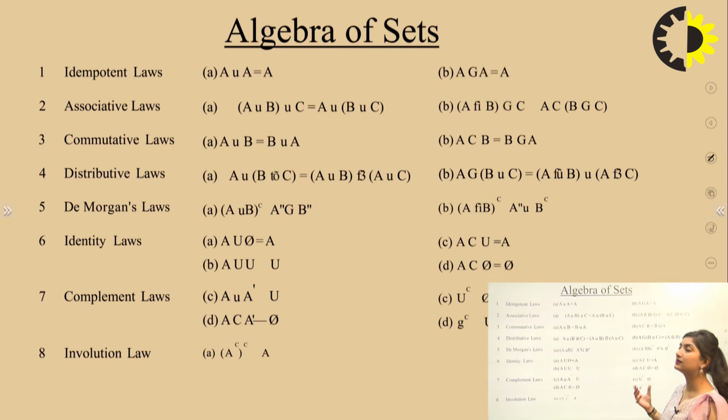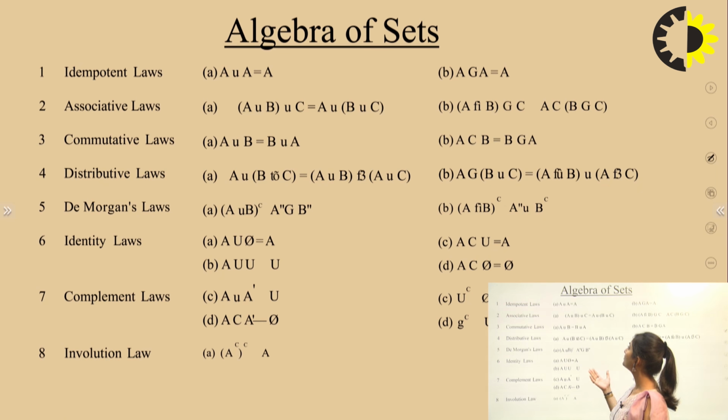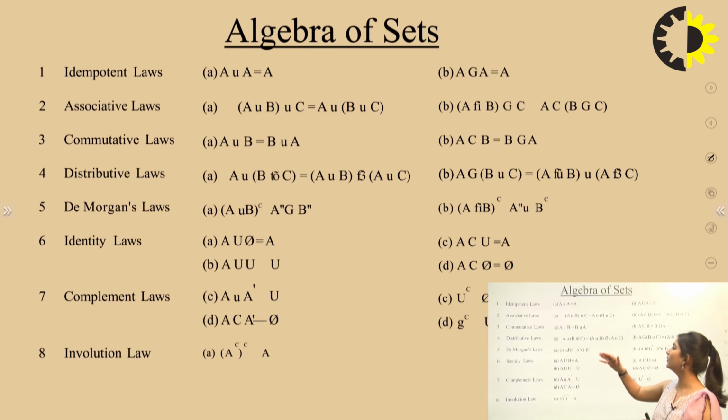Idempotent law means A union A is the set itself. Associative law: A union B, if you keep the bracket here and you pull the bracket and put it to the next, it's still the same, that is associative, irrespective of association. Commutative means back and forth it's the same, A union B is the same as B union A. Distributive, as the name says, is about distribution.